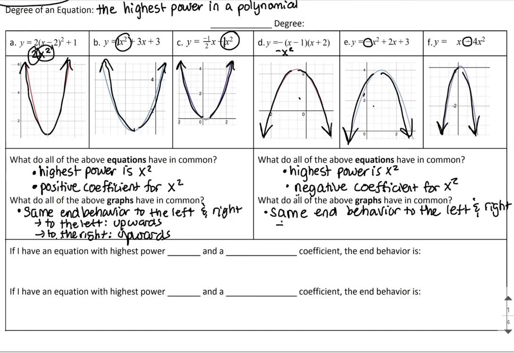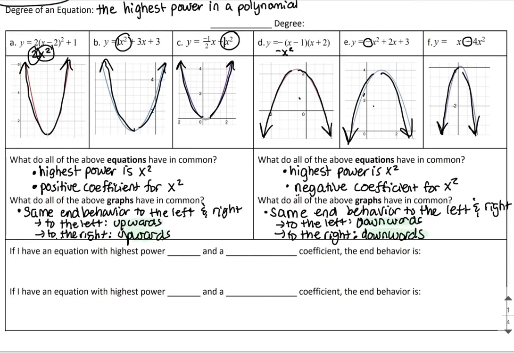But in this case, to the left, I'm going downwards, and to the right, I'm going downwards. So the difference between these three is I'm going upwards and upwards here, and downwards and downwards here.